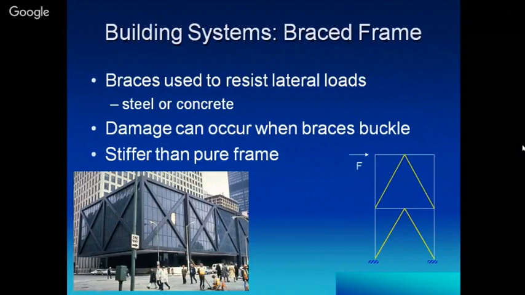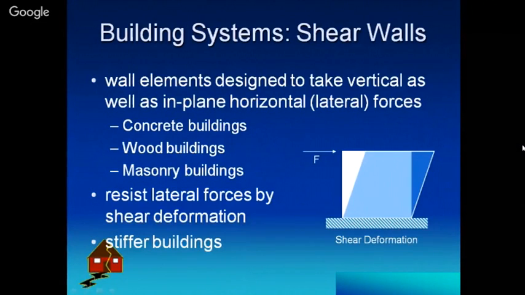Although it is in that case, if it is not having fluid viscous dampers and it is homogeneous and intact, structurally connected to the structure, in that case it is going to increase the lateral resistance. Building systems, shear walls: shear walls are a system which we use in reinforced cement concrete also, and in masonry systems also.